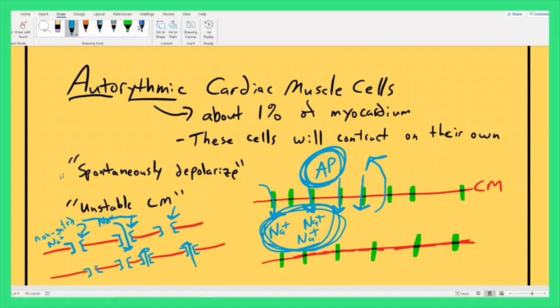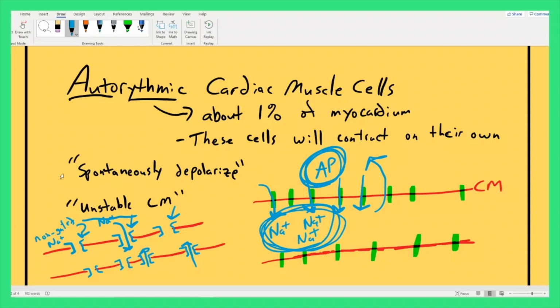That's what these cells are all about, these autorhythmic cardiac muscle cells. Again, feel free to pause, rewind me, play this over again. It's not so much that their cell membrane is unstable and they spontaneously depolarize.